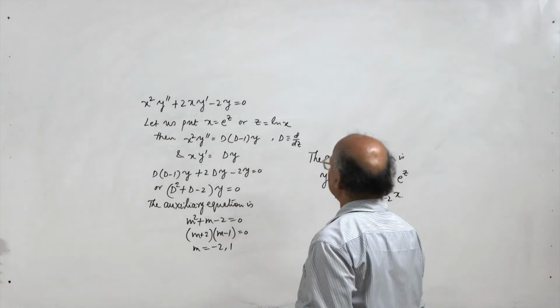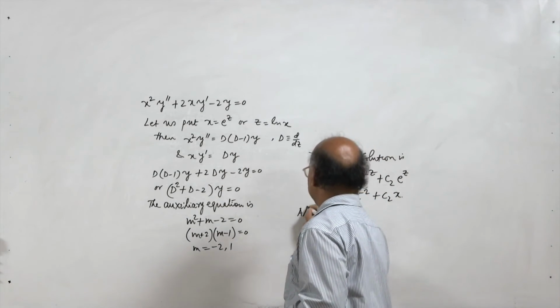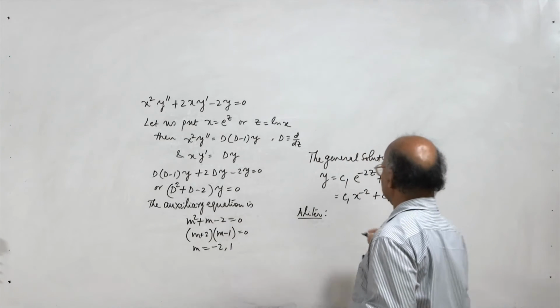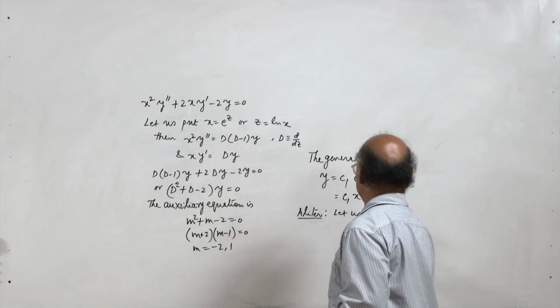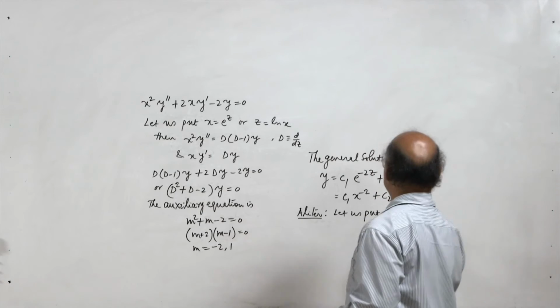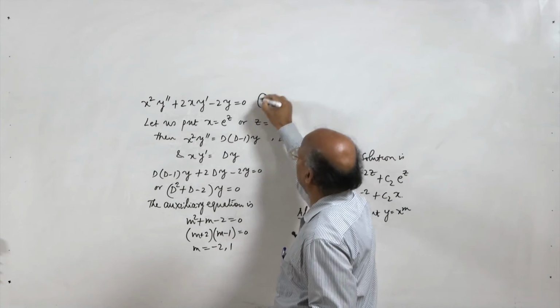Now we can find the solution of this by the other method. So let us find the solution by the other method. Let us put y equal to x to the power m in the given equation. Let me call it equation 1.